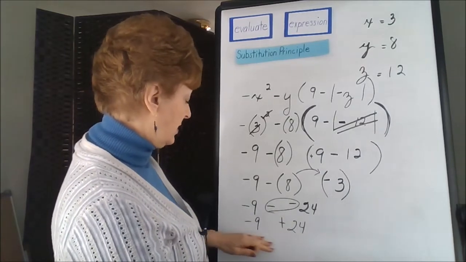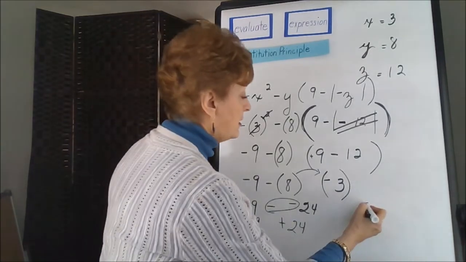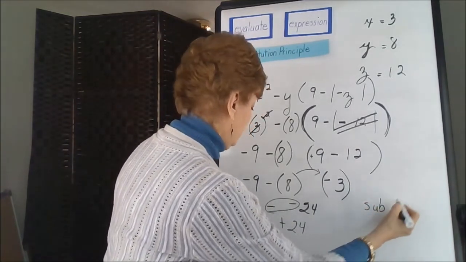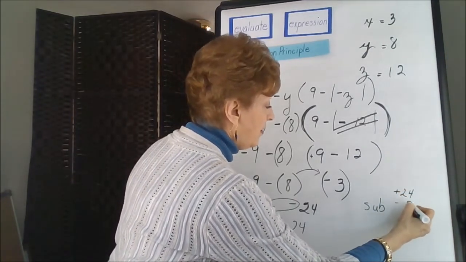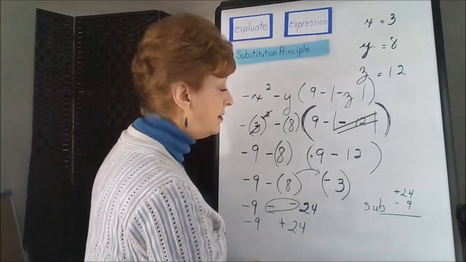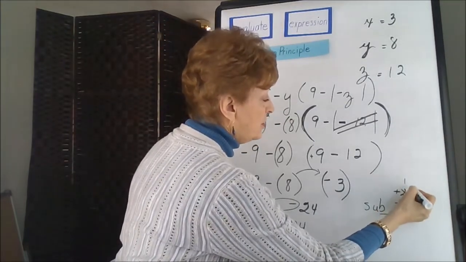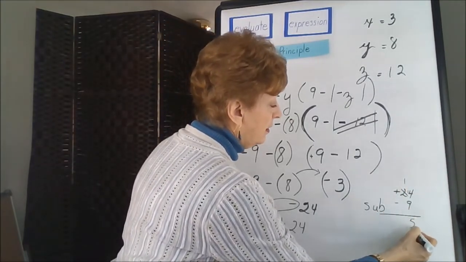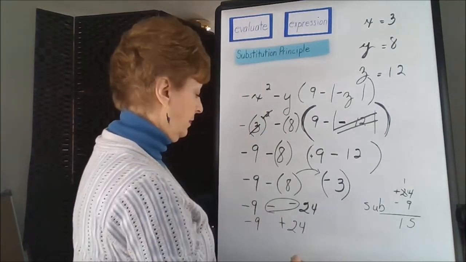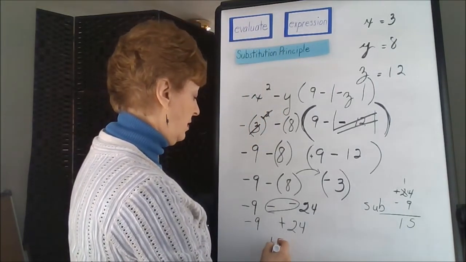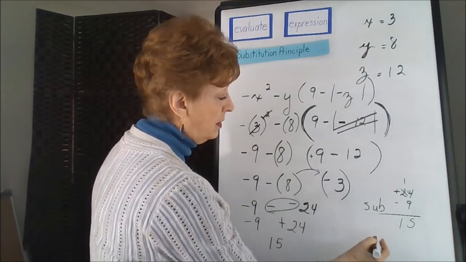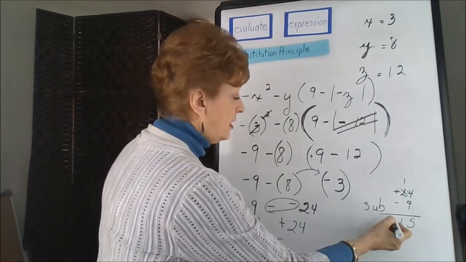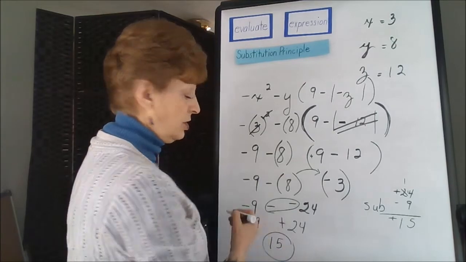Our signs are different, so we're going to subtract the numbers, positive 24, negative 9. Subtracting the numbers. We do some regrouping. 15. 15, and the sign of the larger numeral was 24. So that one is a positive 15. We can just show it like that.